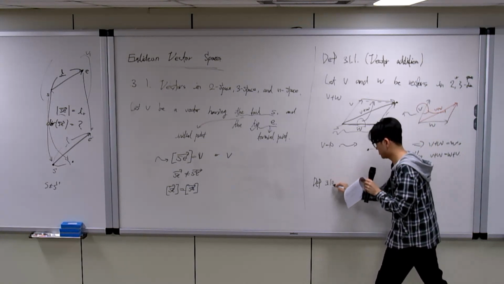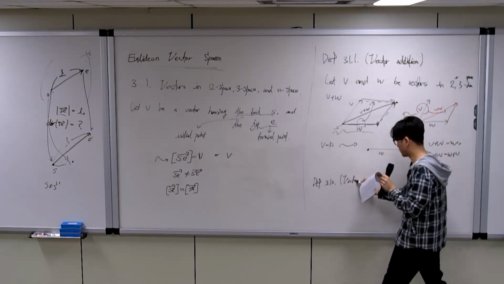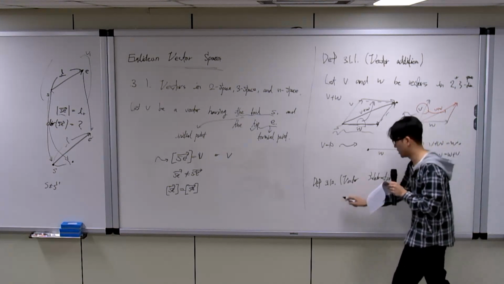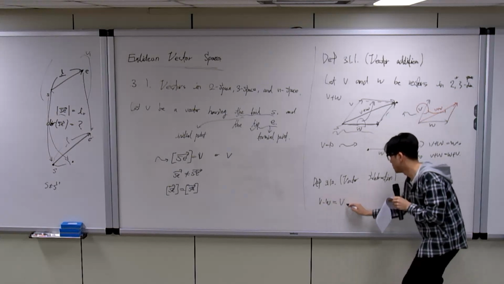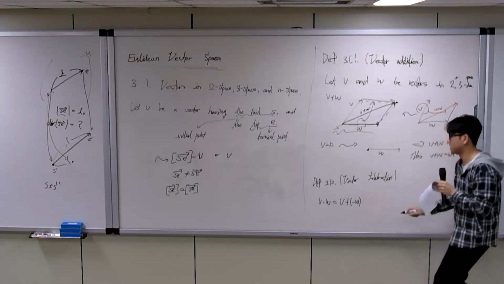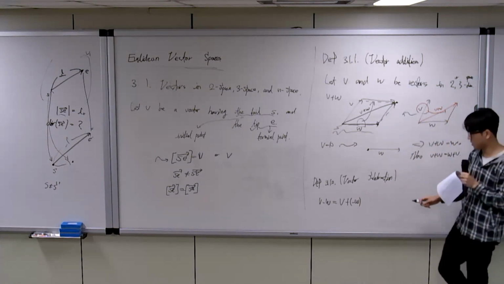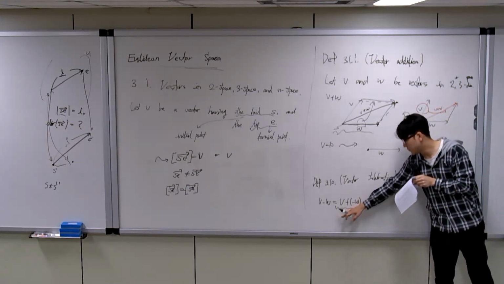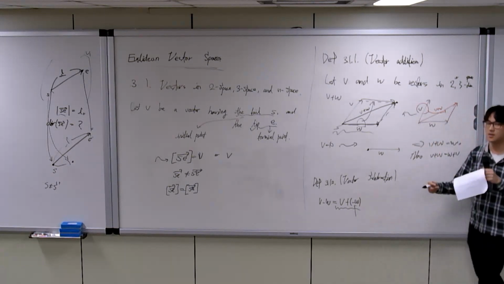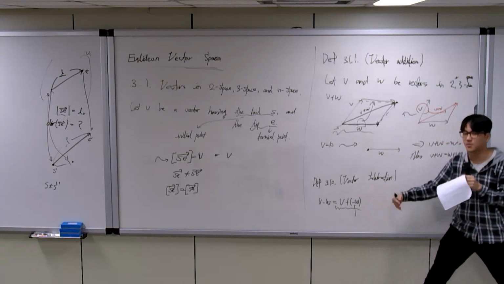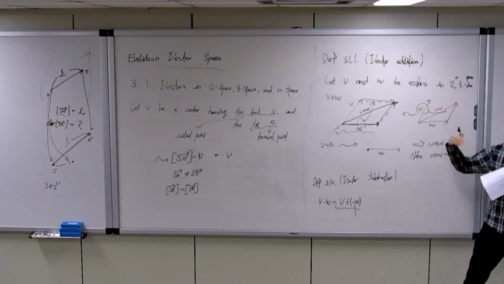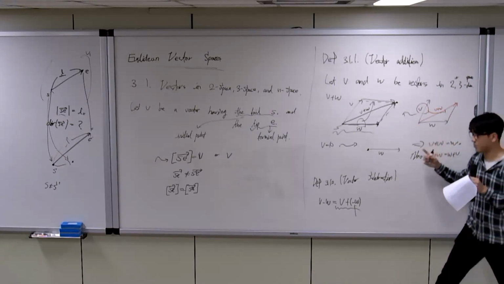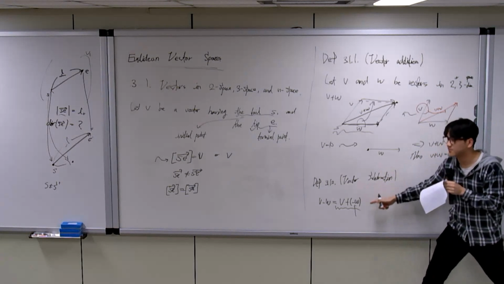So the vector subtraction is defined by v plus minus vector of w, and we already defined the vector of w, and that means it has the same length as w, and it has the converse direction from w.